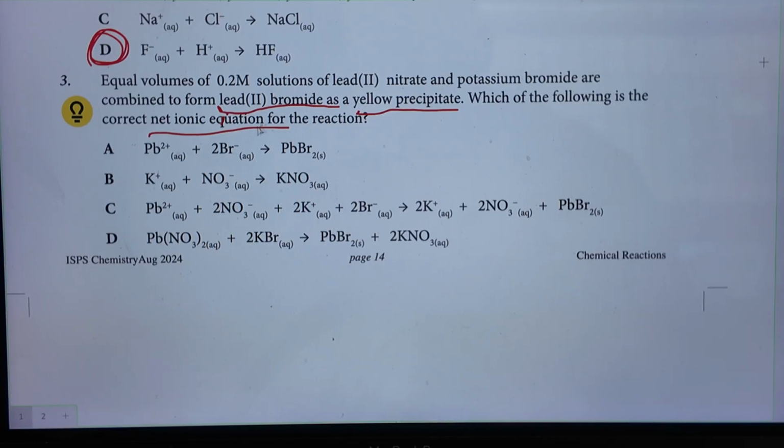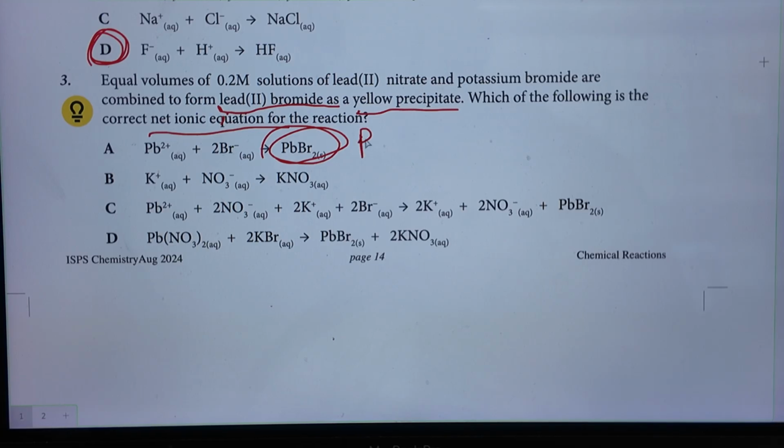So whatever it would happen, it would have to end up with just lead bromide, because that's the only net ionic. Like, what is it creating, right? What is changing? Remember, net ionic means what changes. So it creating the precipitate is what changes. So you want an answer that has lead bromide in it, and there's only one answer with just lead bromide in it, and it's this one.